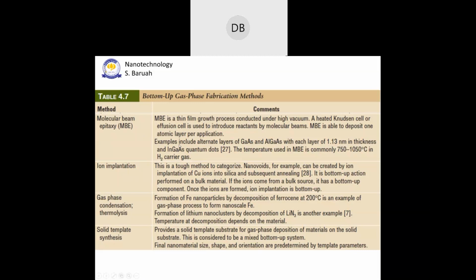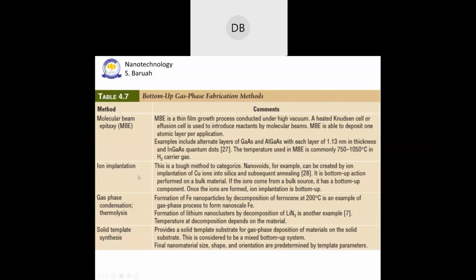Another is indium gallium arsenide, and we talk about quantum dots. Quantum dots are basically nanoparticles which are zero-dimensional, meaning the electron restriction is in all three dimensions. It's a typical example of a full-fledged system where quantum mechanics or quantum physics comes in.